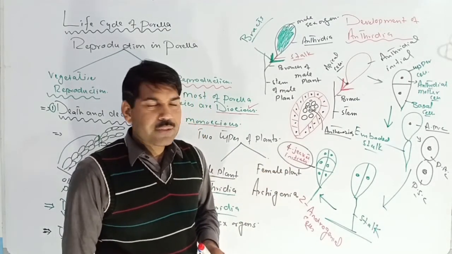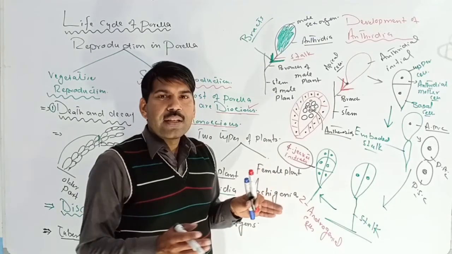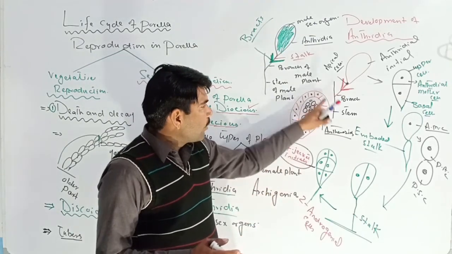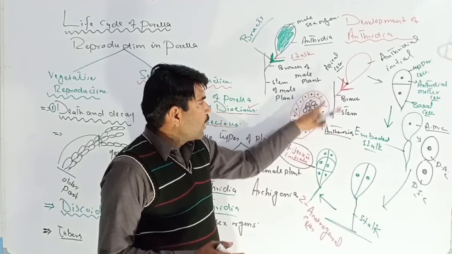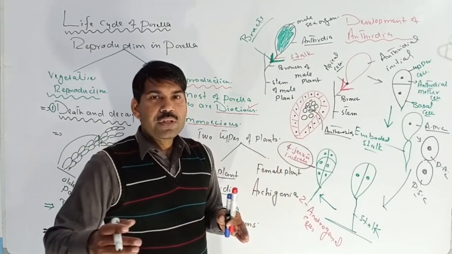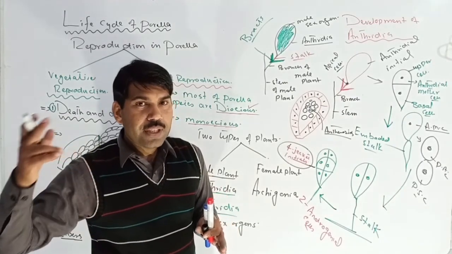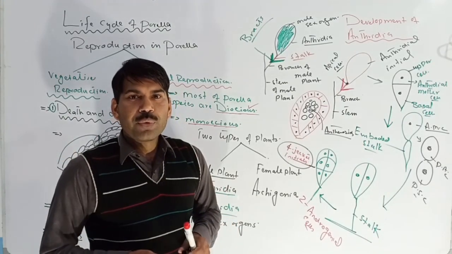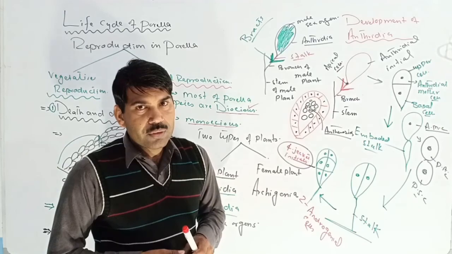So what will happen actually when this ripens, the wall of the antheridium will burst and these antherozoids will swim through the water and reach the female sex organ, which is known as the archegonium.